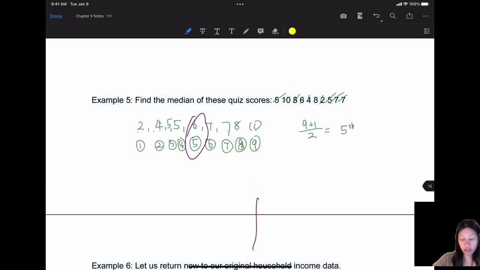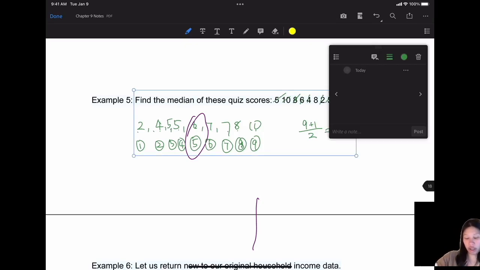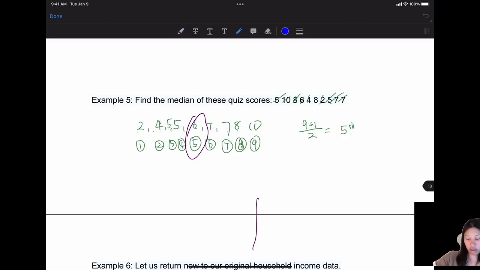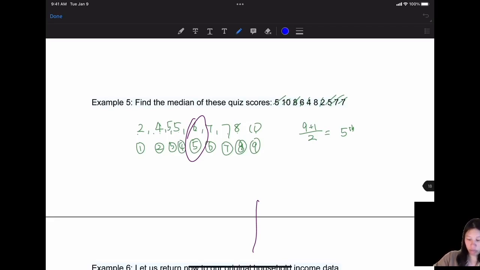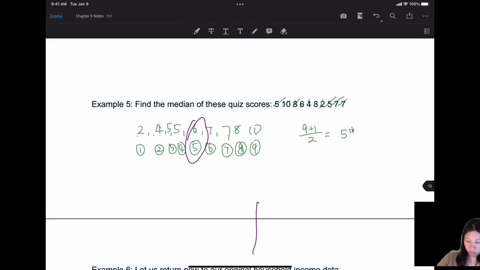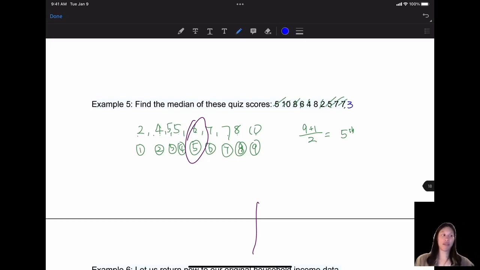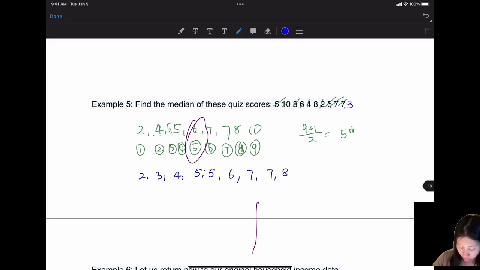So what if there's one more student just adding to the class? It's the same, and then he's scoring, say, 3. We add a 3 to this data set. So now the size of data becomes 10, so that we have 2, 3, 4, 5, 5, 6, 7, 8, 10.